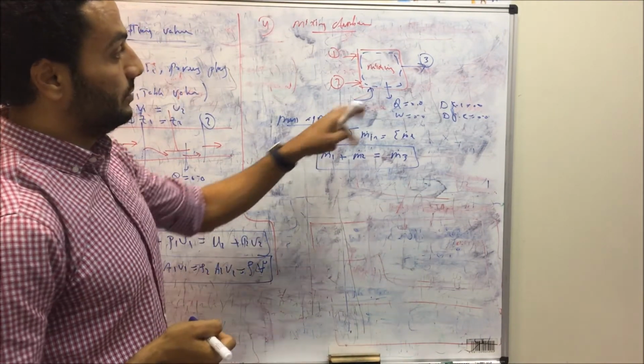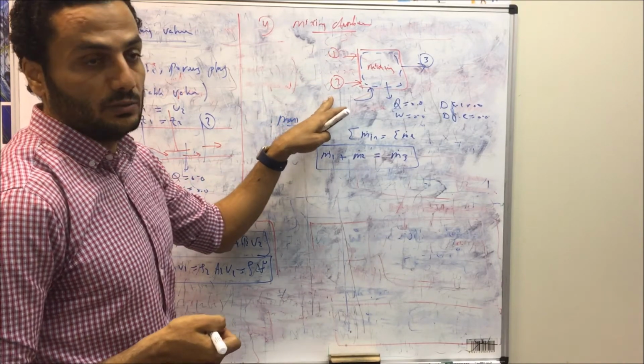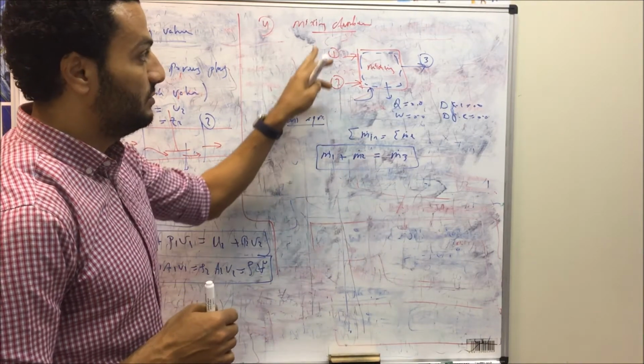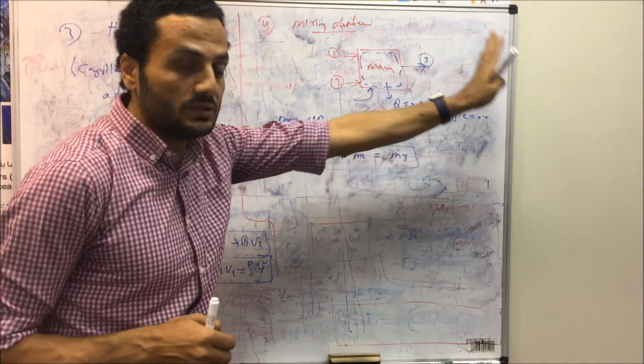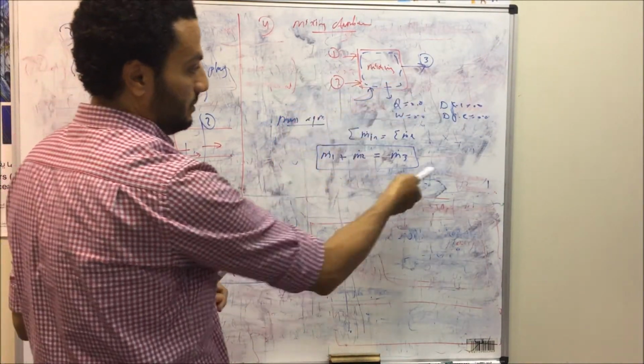And it can be applied also when we have, let's say, 3 inlets, so m dot 1 plus m dot 2 plus m dot 3 plus m dot 4, any number of mass flow rates at inlet, and the same for the mass flow rate at outlet with any number. In this case we have 2 inlets and 1 outlet, so it's okay.